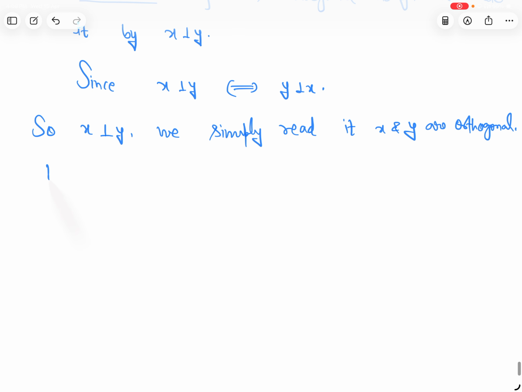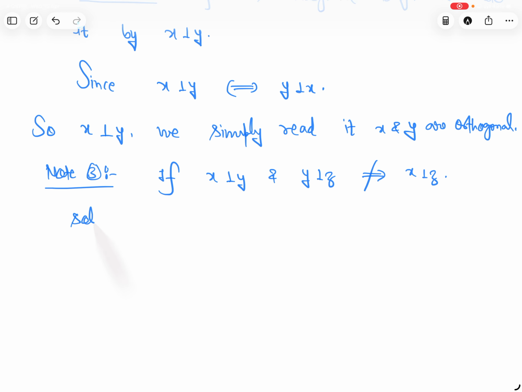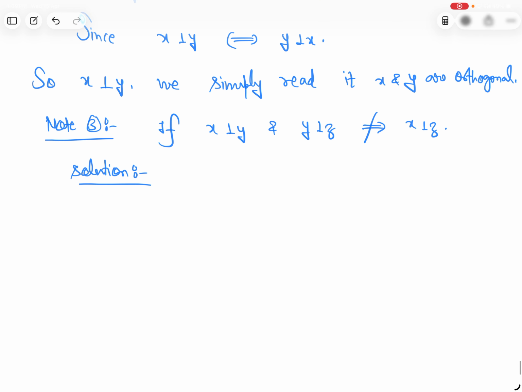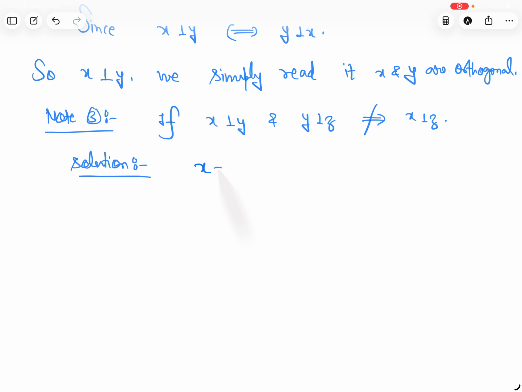So note 3. If x is orthogonal to y and y orthogonal to z, it does not imply that x will be orthogonal to z. Solution. You see, I am taking x equal to (1, 0, 0) and y I am taking (0, 1, 0).